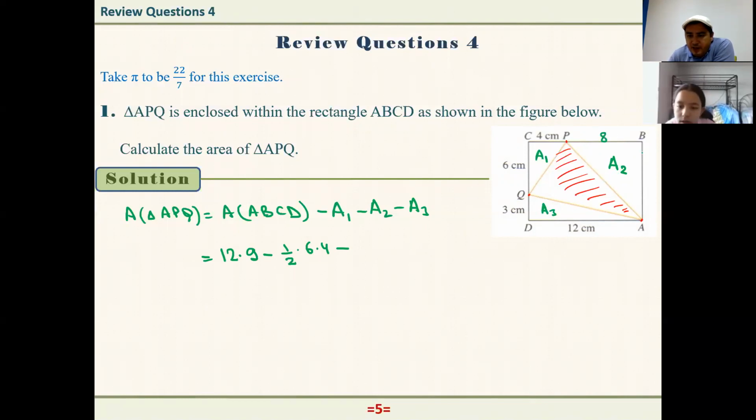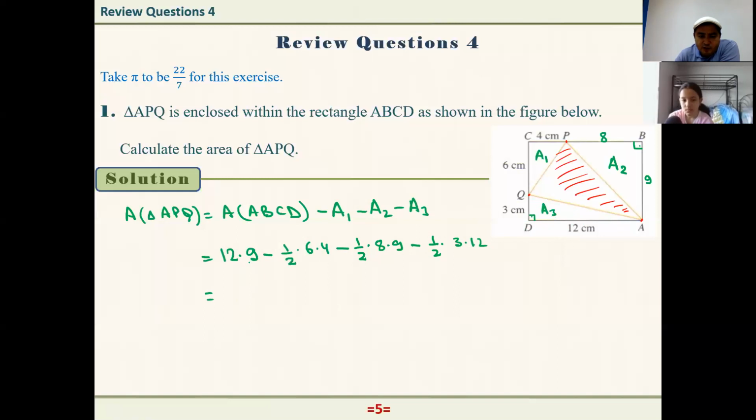How about the length of BA? 9. So this is a right angle, right? Area of triangle PBA equals 1 over 2 times 8 times 9. Minus, how about the area of A sub 3? That is 1 over 2 times height times base, because it's a right angle triangle, right? So that is 3 times 12. That's it. Now we just need to evaluate this.